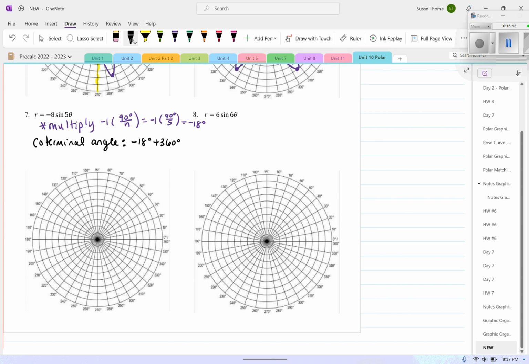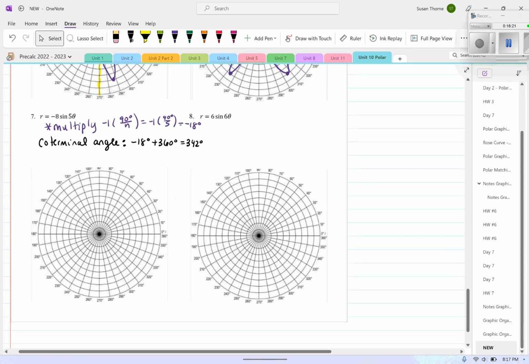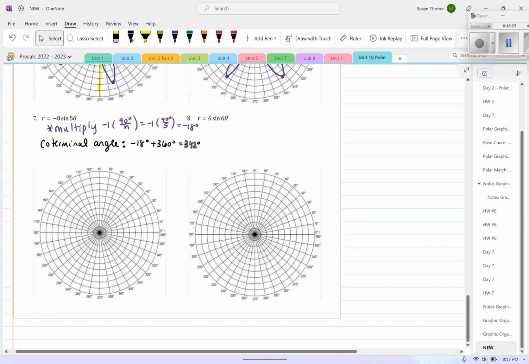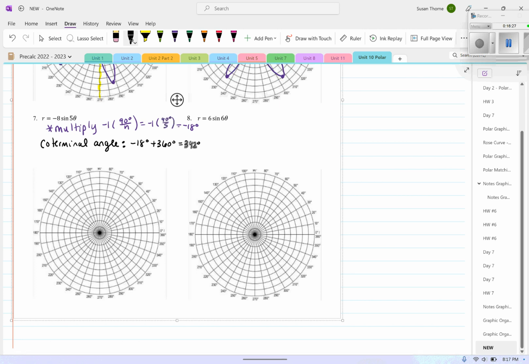So we're going to add 360 degrees to find the positive coterminal angle, which gives us 342 degrees. So that wouldn't really be our first petal, but it tells us how to get that one. So -18 degrees would again be out a distance of 8 from the pole, so we have 342, so it would be in here.